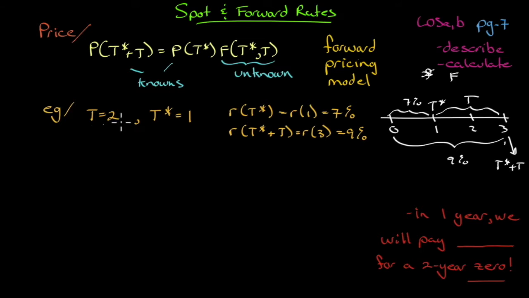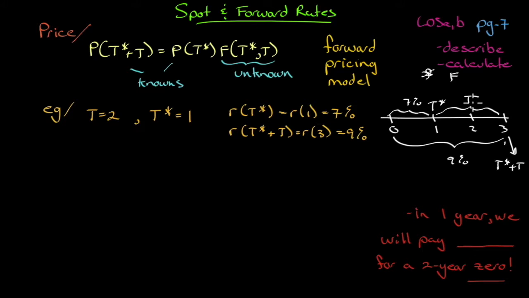So there we go. So all we're saying is that the discount factor associated with this zero coupon bond must be equal to the discount factor associated with this zero coupon bond multiplied by the discount factor associated with this zero coupon bond. So we just need to solve for that.